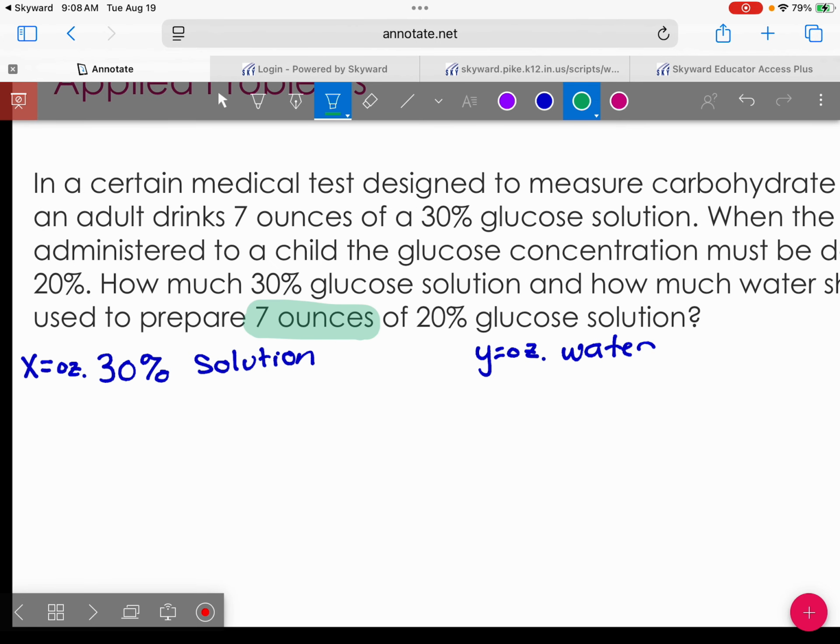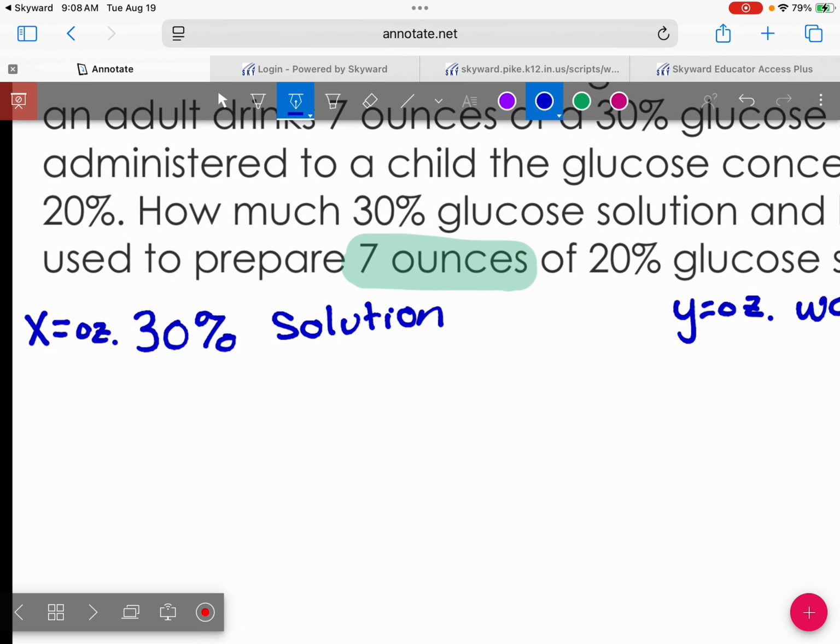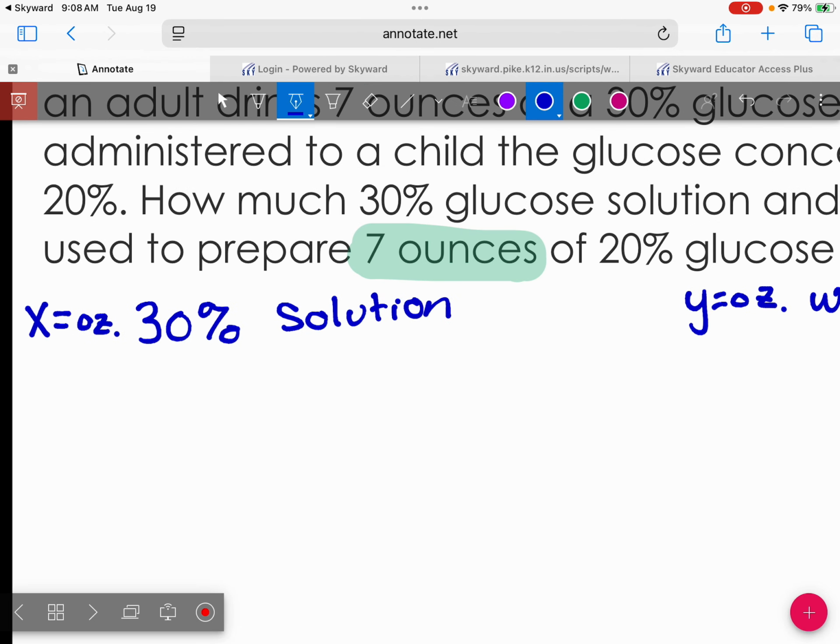So our first equation, and this is the easy one, is that I need my X and my Y combined together to make 7 ounces.